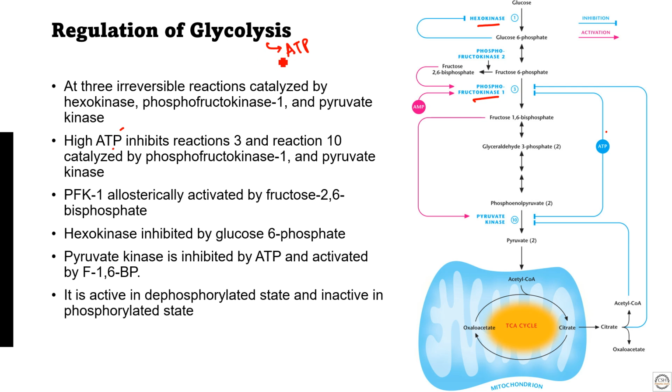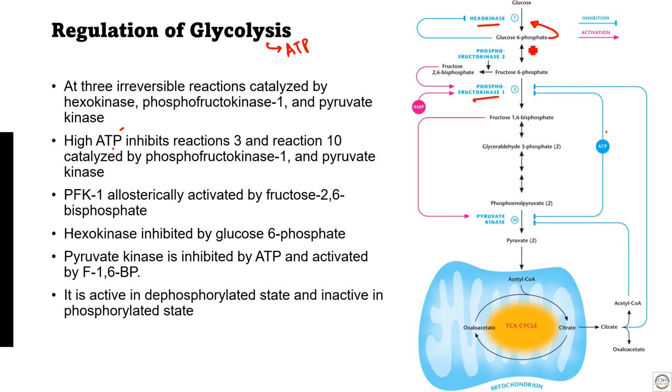Another basic thing is the feedback mechanism. If the product is in very high concentration, it will inhibit the enzyme so that the pathway can be inhibited. So when glucose is converted into glucose 6 phosphate, this product will inhibit the enzyme hexokinase, so that the pathway no longer moves forward.